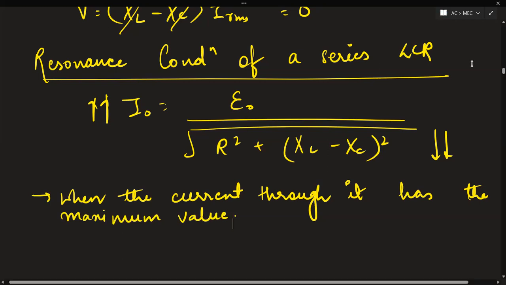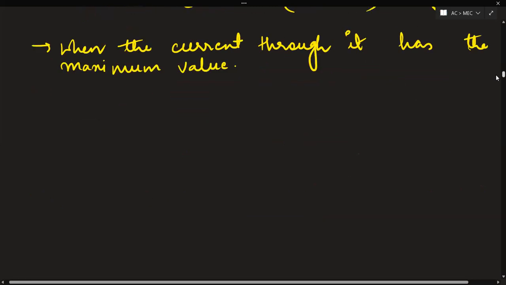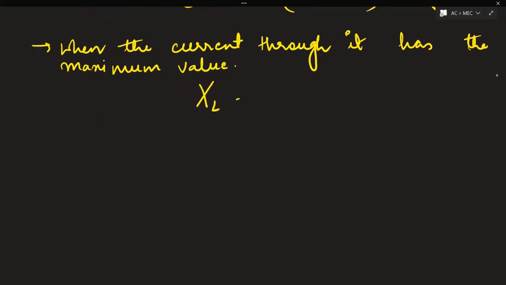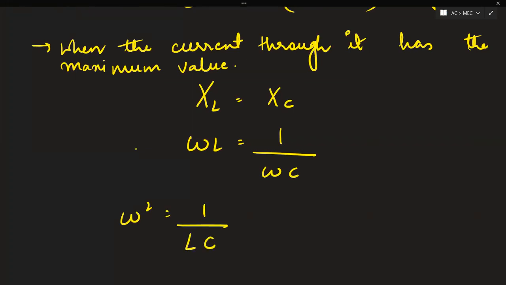So in this, one thing will happen for sure: XL will be equal to XC. It means omega L will be equal to 1 by omega C. So omega square can be written as 1 by LC and omega is equal to 1 by under root LC.